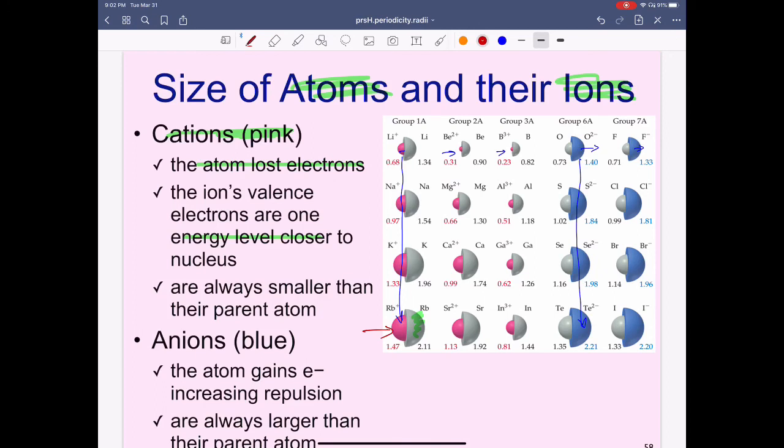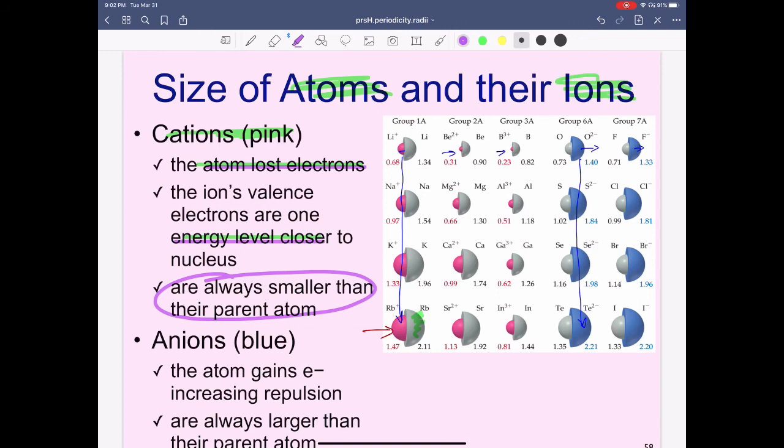You cannot use this as your reason. It's well worth remembering that, but you can't say, oh, sodium ion is smaller than its parent atom, because that's always the case. We need to be sure that we say the sodium ion has lost electrons, one electron in fact, or the magnesium ion loses two, and since the valence electrons have been removed, one energy level closer.